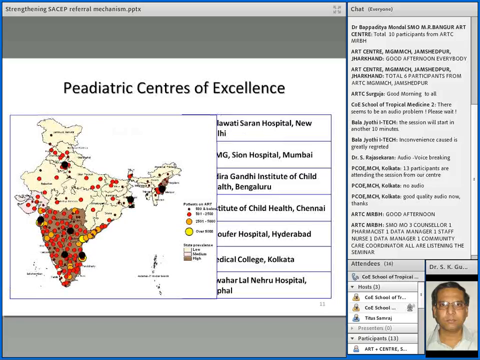Similarly, there are 7 Pediatric Centers of Excellence as well. These are located in New Delhi, Mumbai, Bangalore, Chennai, Hyderabad, Kolkata Medical College, and Imphal.